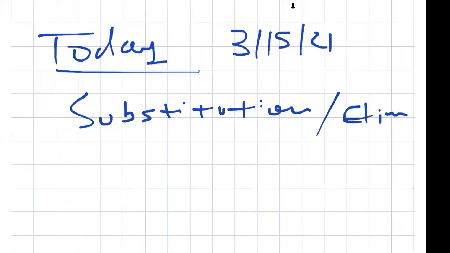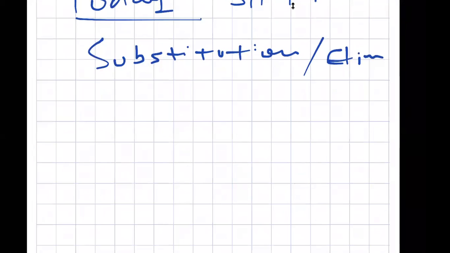All right. So we're talking about substitution and elimination. If you took the class with me in part one, we went over this already, but we just didn't go into great detail.